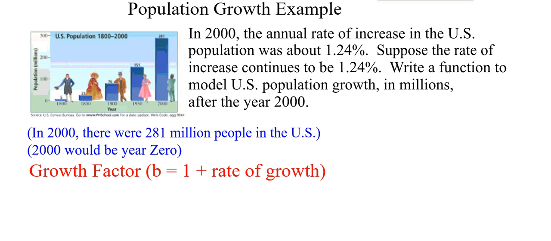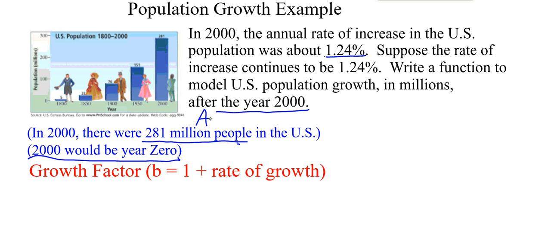So this is after the year 2000. Our growth rate is 1.24%. Our initial population, we're going to let 2000 be the year zero. So in year zero, there's 281 million. So that is my a value.